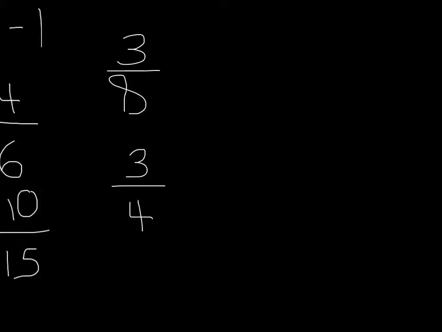Well, let's convert 3/4, this one right here, into a fraction that would be out of 8. What do I need to do to the 4 to convert it to 8? Multiply it by 2. If I do that to the denominator, I must multiply the numerator by 2 as well.